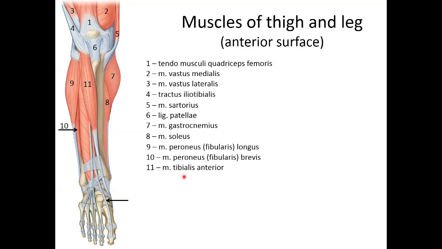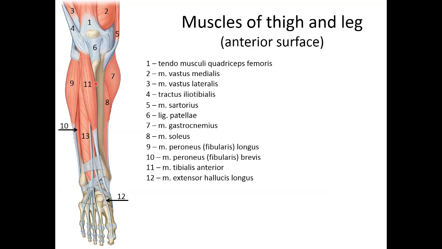And then number 12 is musculus extensor hallucis longus. Here it is, extensor hallucis longus. Be attentive. Now we are looking for the tendons.